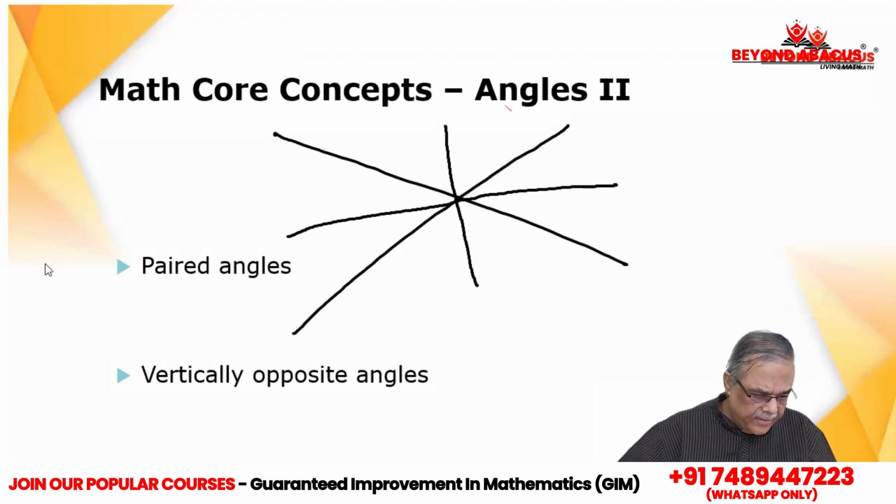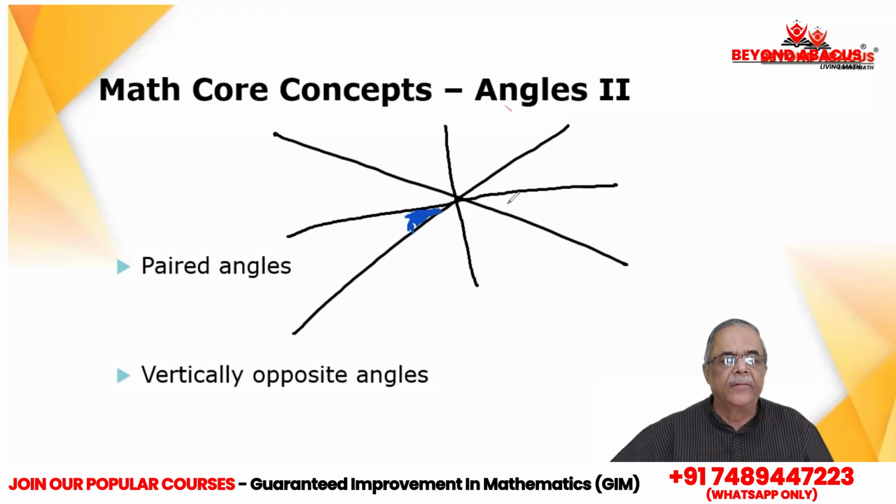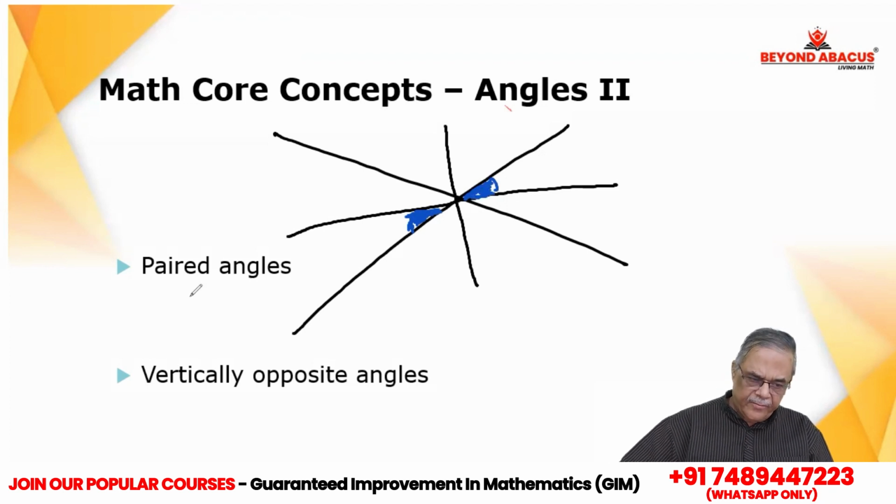Now this angle, for example: which will be the angle vertically opposite to it? Let me color it so that it becomes clear to you. Which is the angle vertically opposite to this? It will be here. This will make your concepts quite clear.